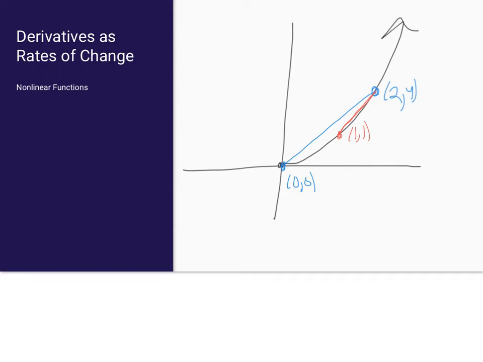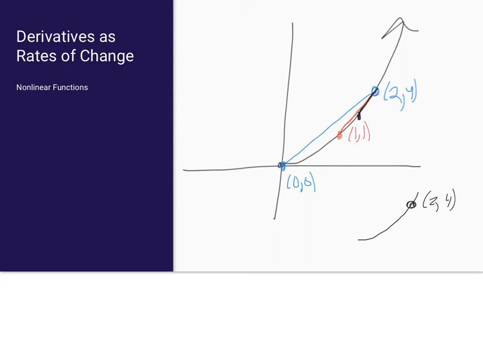And now I'm going to move that up just a little bit more. I'm going to slide that (1, 1) up a little closer to (2, 4). So here's my point. And notice that now I'm really having a hard time seeing the difference between my secant line and my curve. If I keep zooming in and zooming in and zooming in, let's say there's the little piece of my curve.